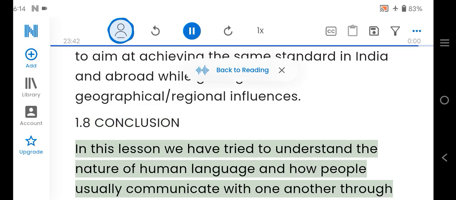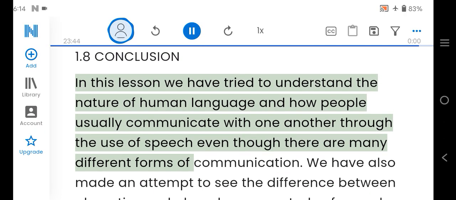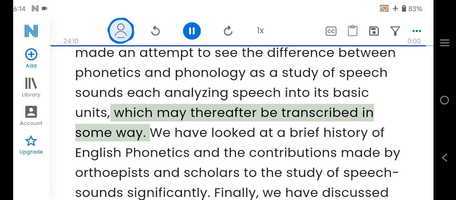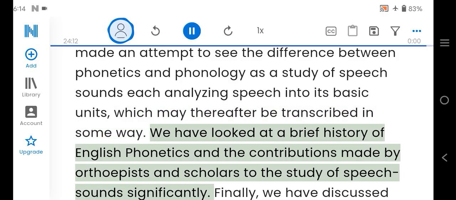1.8 Conclusion. In this lesson we have tried to understand the nature of human language and how people usually communicate with one another through the use of speech, even though there are many different forms of communication. We have also made an attempt to see the difference between phonetics and phonology as a study of speech sounds, each analyzing speech into its basic units, which may thereafter be transcribed in some way.